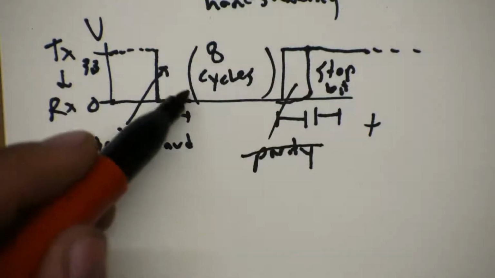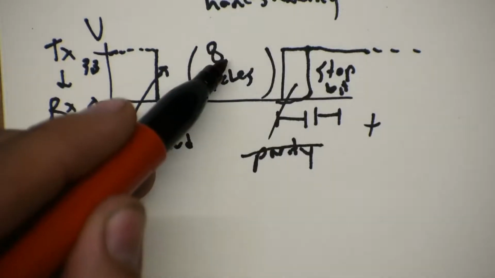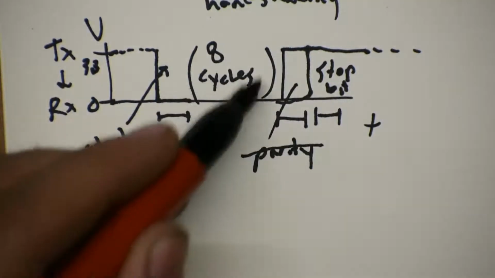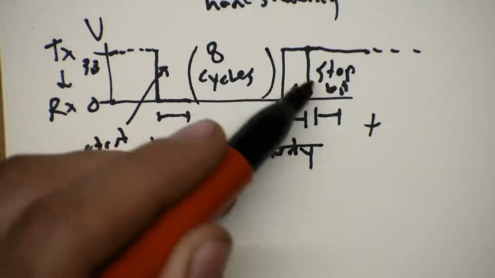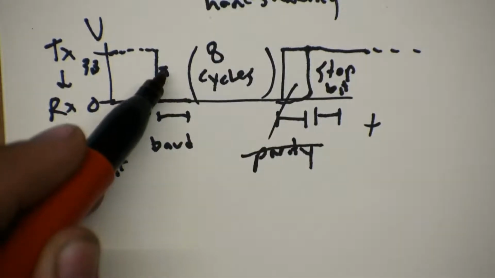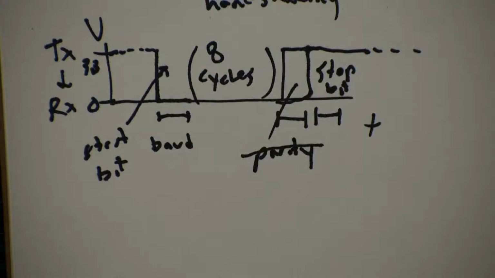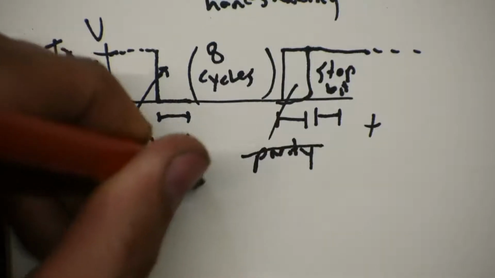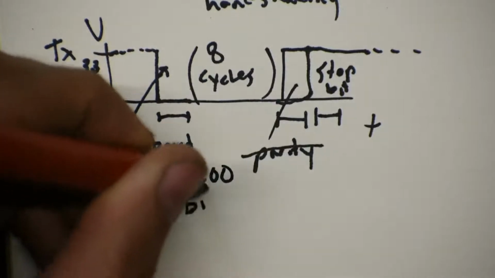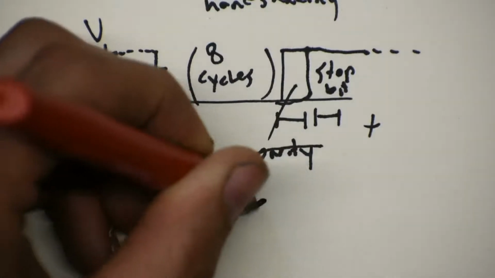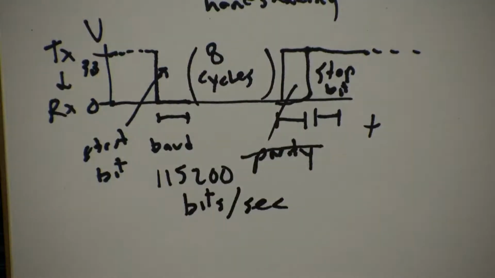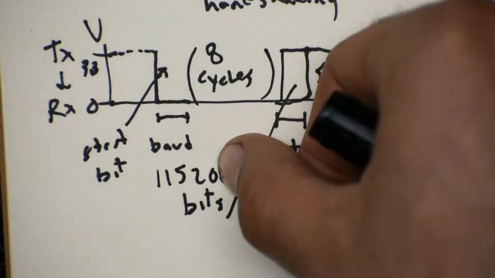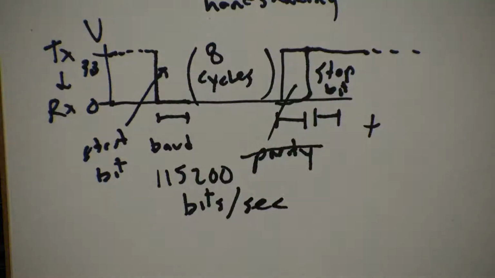So what does it mean to send 1 byte of data from TX to RX? It takes 8 baud cycles plus a start plus a stop. So it takes 10 baud cycles to send 1 byte of information. So when we are at a baud of 115,200, that's bits per second. That's what the baud means. That means we're sending 11,520 bytes per second.